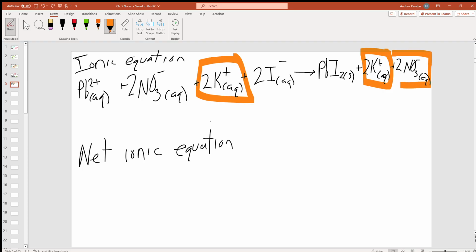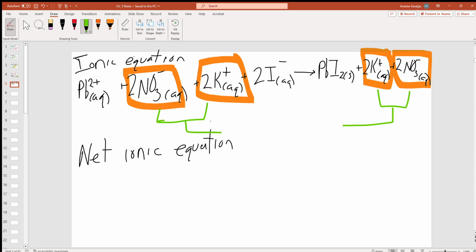Same thing for the nitrate ions. Those are the same on both sides. Basically, these are ions that are left unchanged by the reaction. And so we refer to both of these, the nitrate and the potassium, as spectator ions.